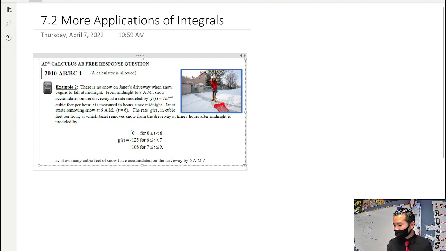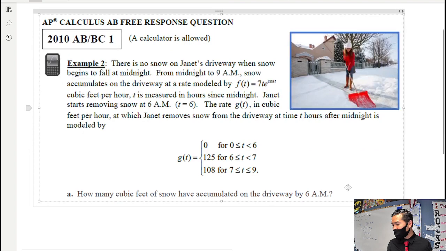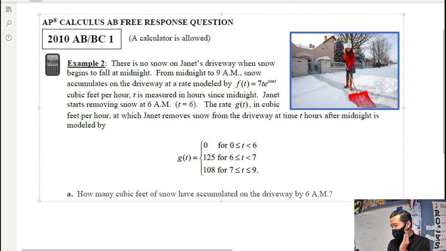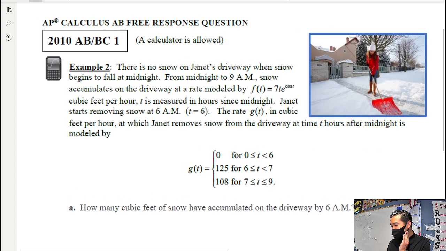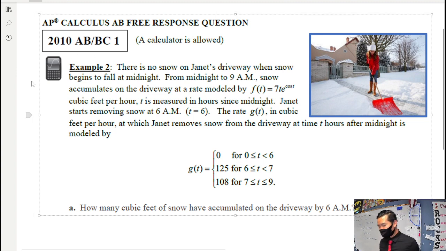Here is the problem. This was actually on the 2010 AP Calculus free response question number 1. It was 12 years ago. Copy that down.